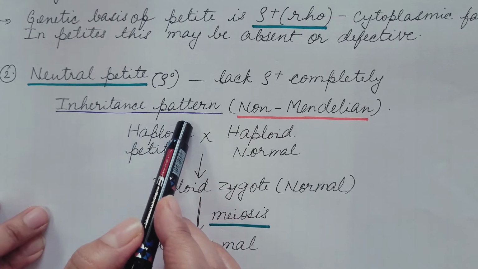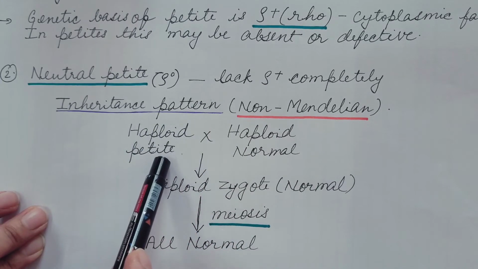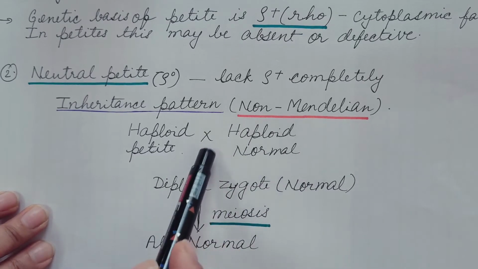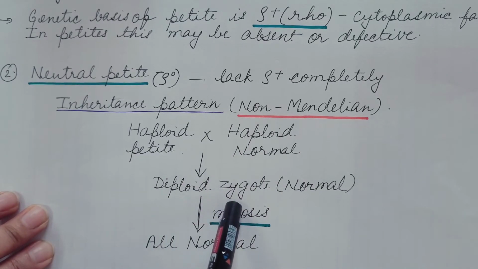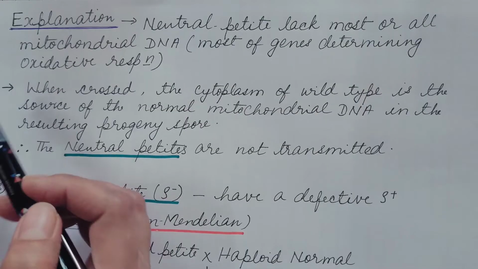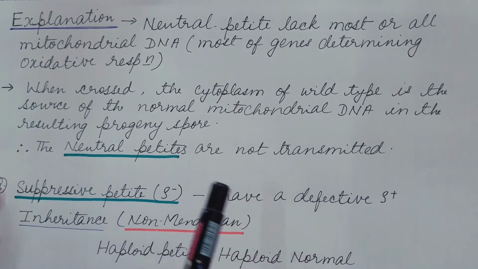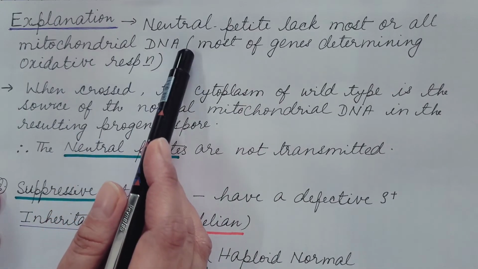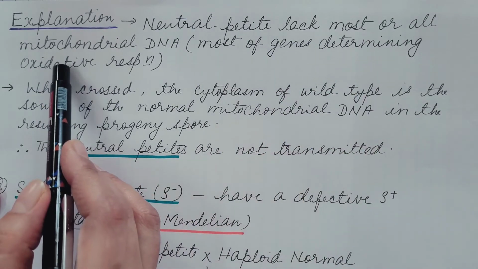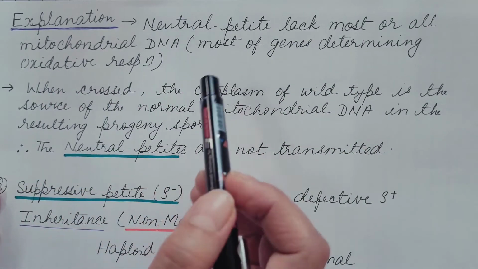Let us see its inheritance pattern when the haploid petite is crossed with the haploid normal. Then it gets a diploid zygote, and this is normal. Then this undergoes zygotic meiosis, and the progeny or the spores or the haploid cells which we get are all normal. So on the basis of this inheritance pattern, it was explained that neutral petites lack most or all of the mitochondrial DNA.